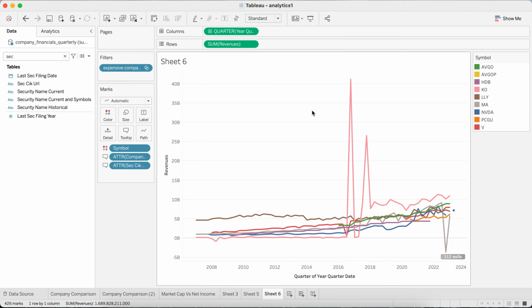We always want to have some degree of skepticism when looking at the data, especially anomalies. And it's always good to read footnotes in financial reports to understand where these numbers are actually coming from.